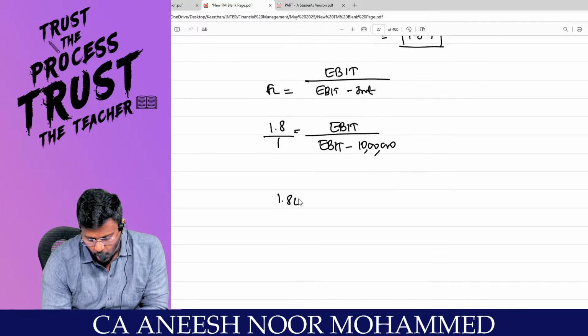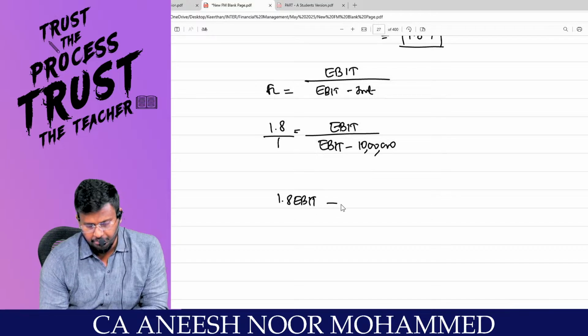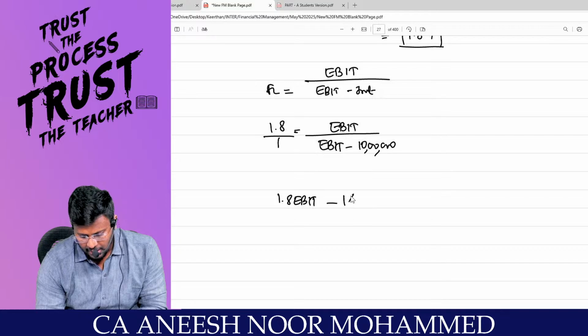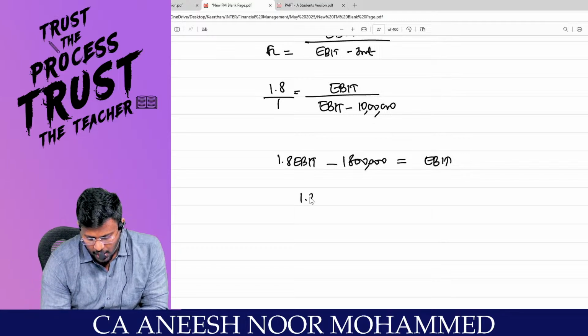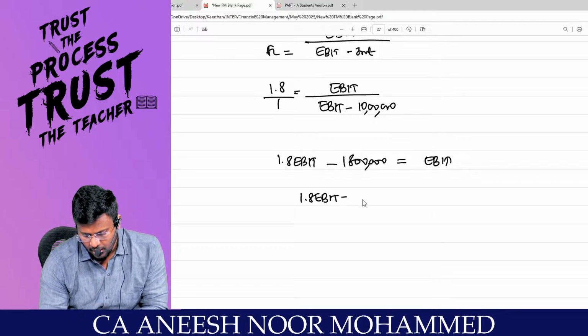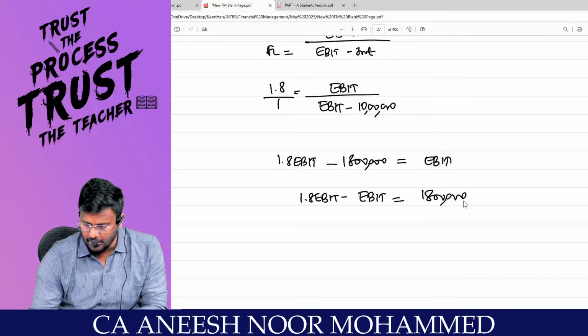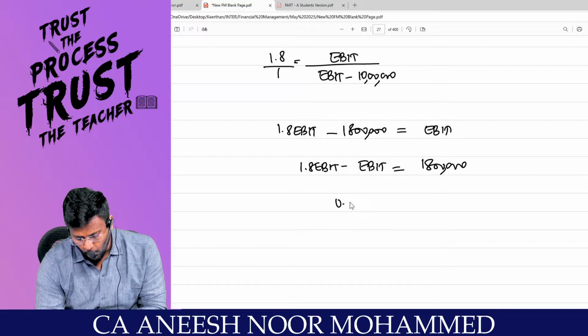So 1.8 EBIT minus 10 lakh into 1.8 comes to 18 lakhs should be equal to EBIT. That means 1.8 EBIT minus EBIT should be equal to 18 lakh. That means 0.8 EBIT is equal to 18 lakhs.